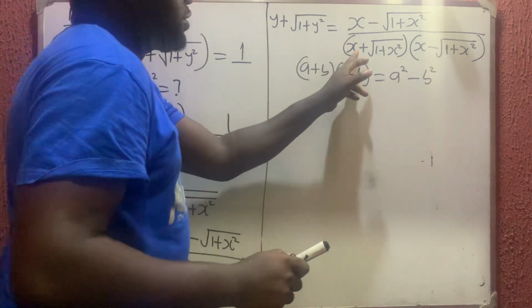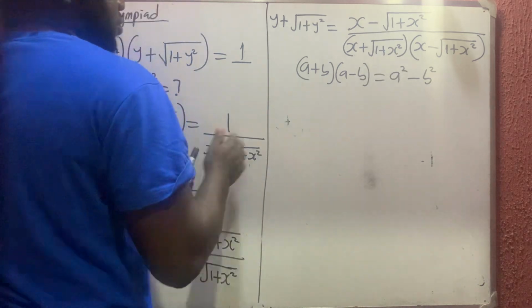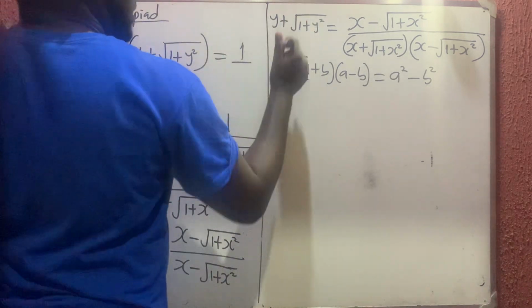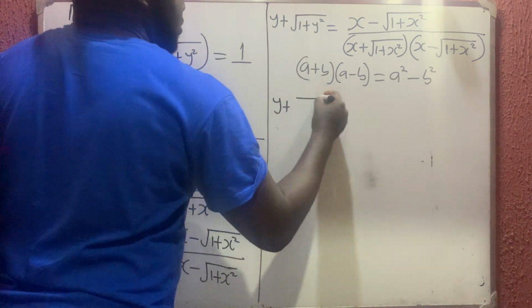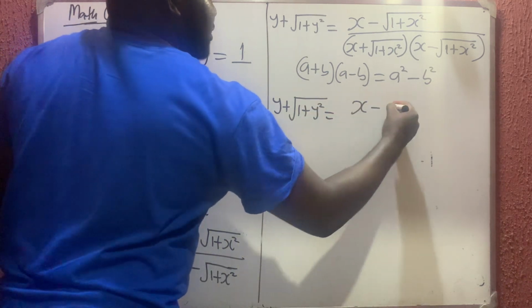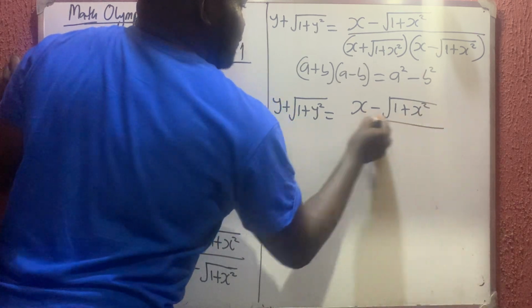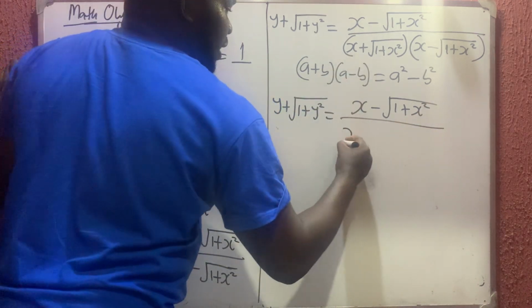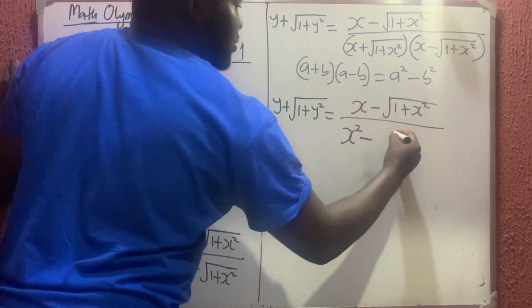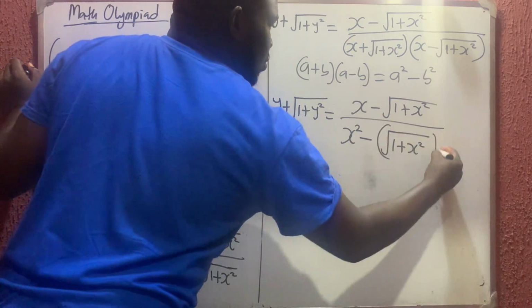So if this plus this is being multiplied by the same thing minus this, it's going to give us, let me bring down this one, y + √(1 + y²) is equal to x − √(1 + x²), now divided by x² minus (√(1 + x²))².